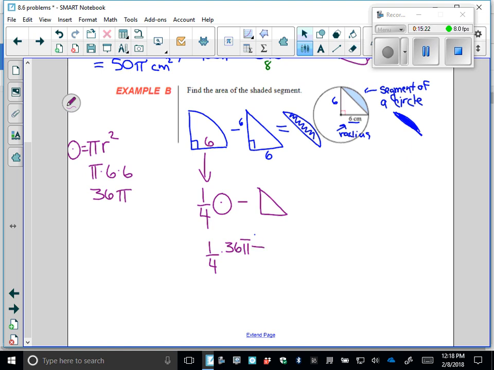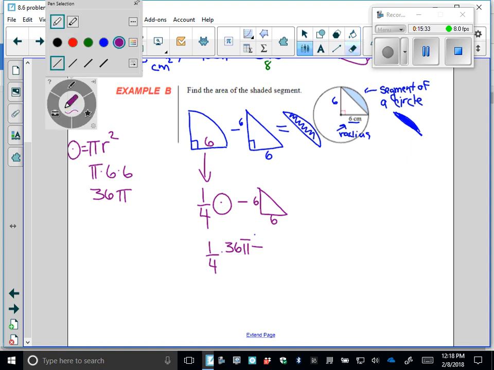And then I'm going to subtract the area of the triangle, which is 1/2 of 6 times 6.